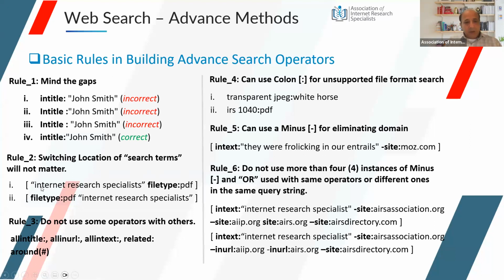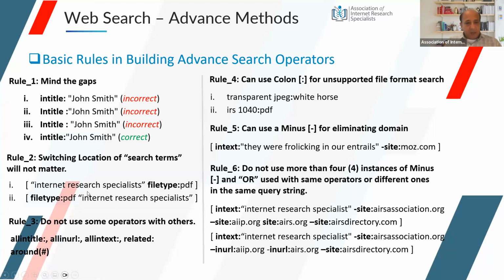No big deal. Now, when we are putting the query with the advanced operators written as shown in this one, the first one right here, Internet Research Specialist, followed by file type colon PDF, you can expect that the results will follow, say numbering, say 1000 results as an example.